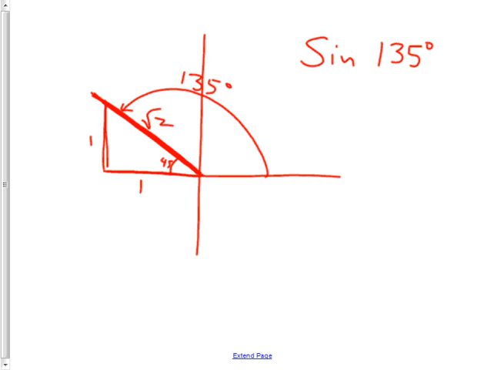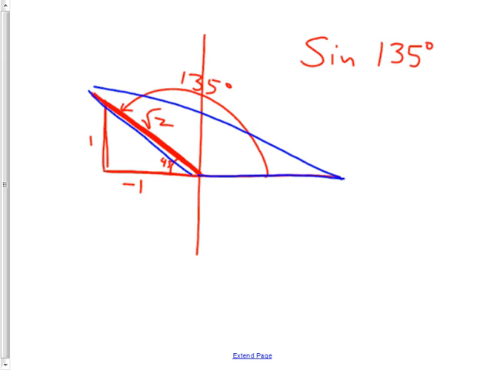And I made one little mistake because I didn't include directions on my lengths of my sides. This one's -1. This one's +1. Now, instead of doing sine of 135 and trying to draw this weird triangle that has a 135-degree angle in it, which would be like this blue one, we don't do that.